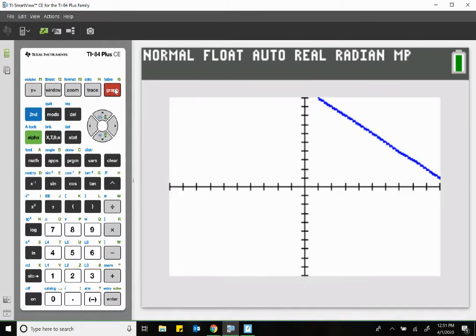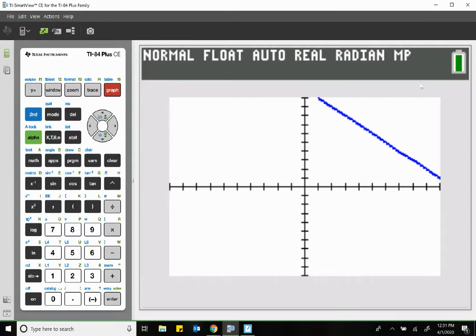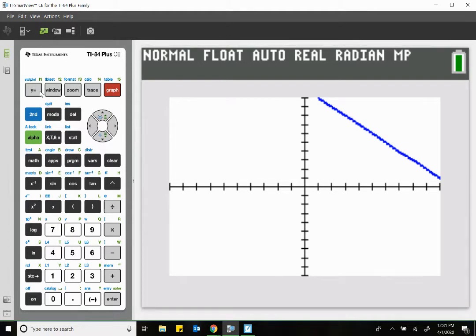And we hit graph. There's that line segment that we saw a couple seconds ago. Okay. So we were doing everything right. I just had to make sure that, please make sure that your calculator is in radians when you're doing parametrics. I almost messed that up. All right, so you can see that it's a line segment verifying what we did a couple minutes ago. Okay?